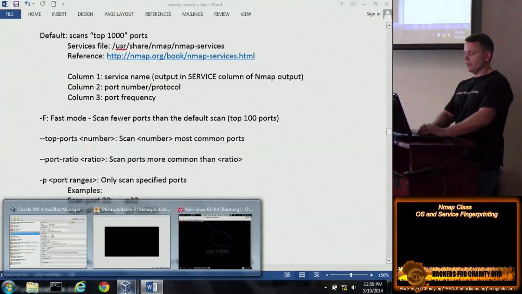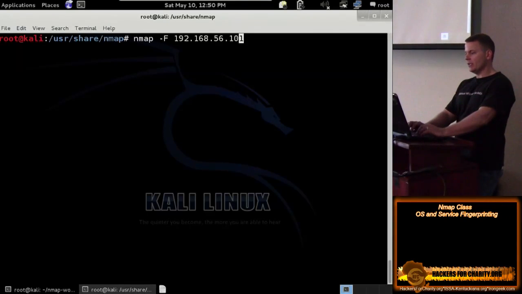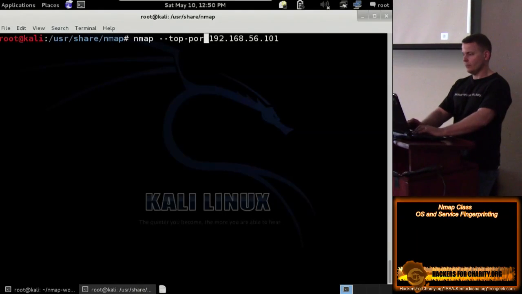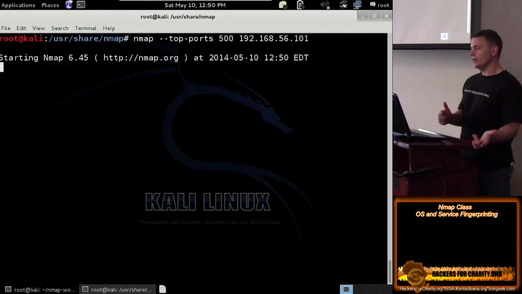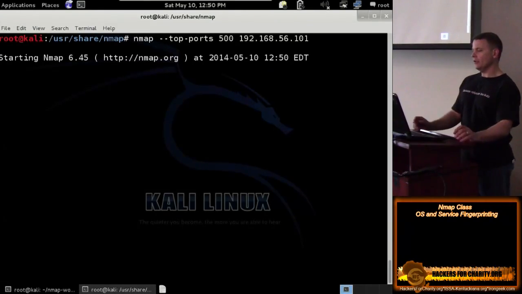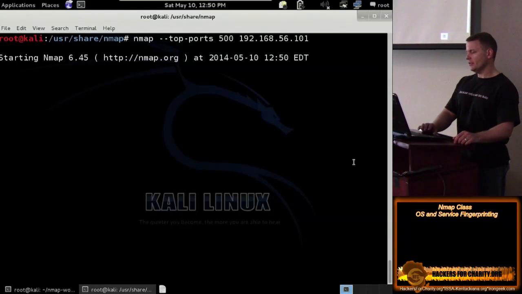So going back and doing the same experiment, we might be able to say, well, instead of fast mode, let's try maybe just half the ports. So 18 with fast and 23 with the 1,000 mode. Let's see what the 500 gets us. Obviously, it's going to take a little bit longer than fast mode, which I think ran in about 13 seconds.